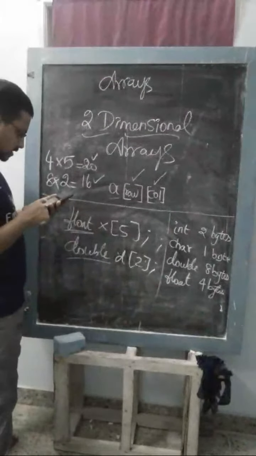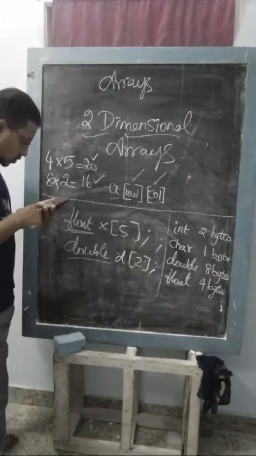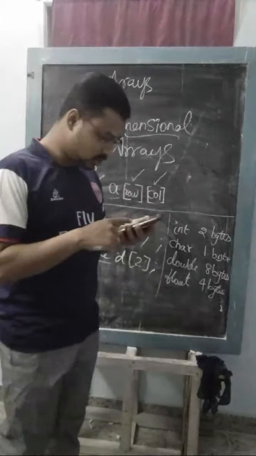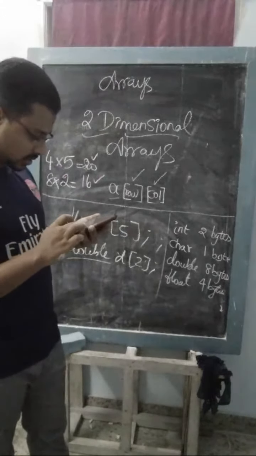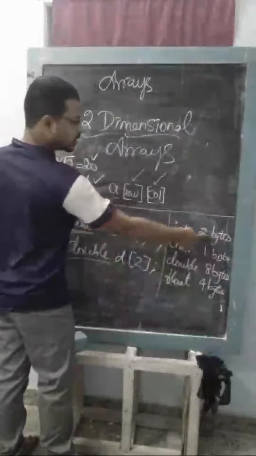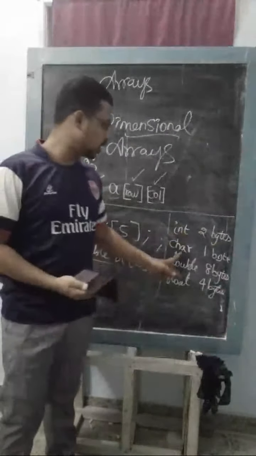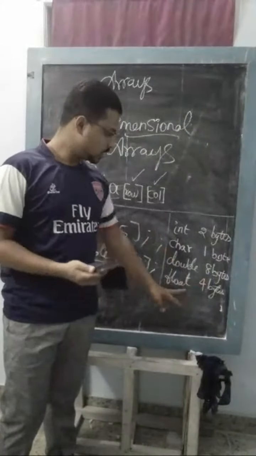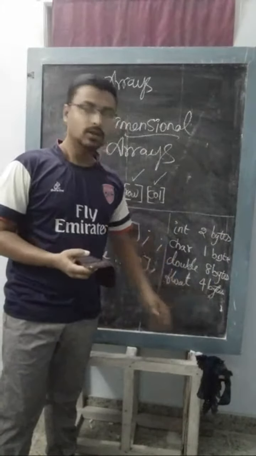Integer consists of 2 bytes, character consists of 1 byte, double consists of 8 and then float consists of 4 bytes.